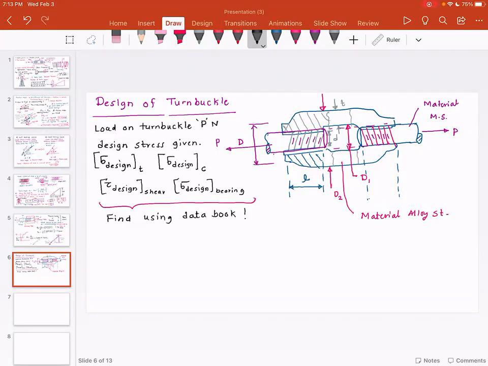They will just say design the turnbuckle used for the load P, and they will give you the application. So what you need to do is, for applications, you would choose the appropriate materials. So materials can be selected based on applications.